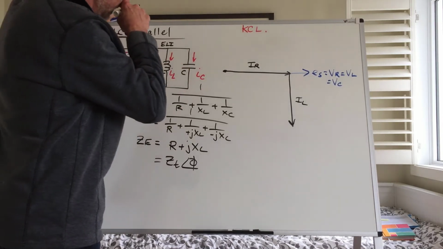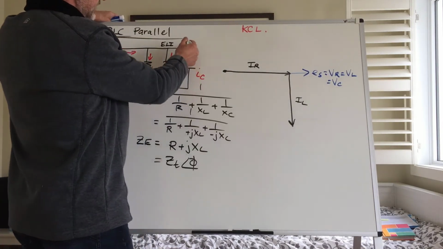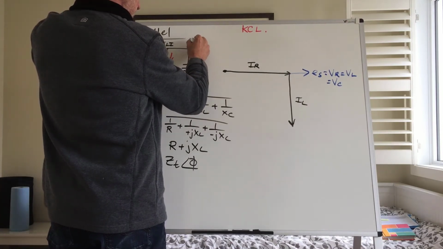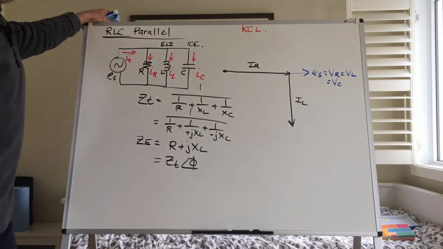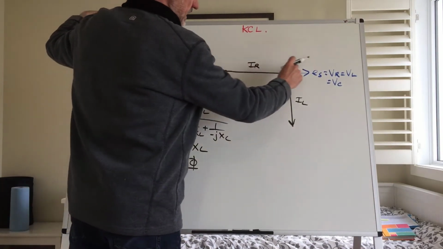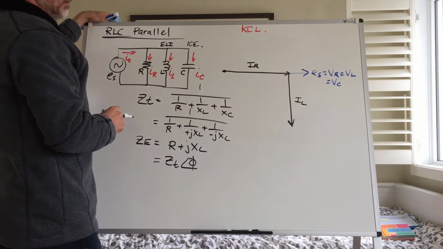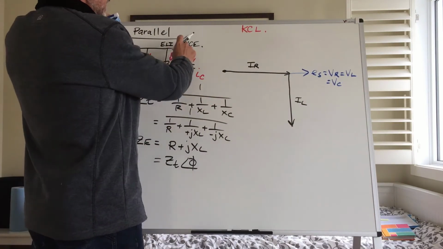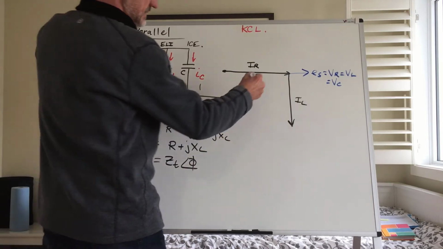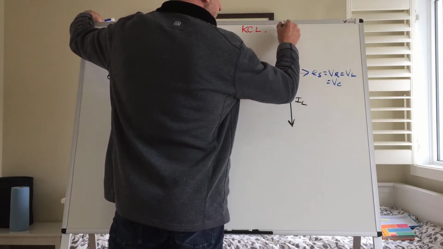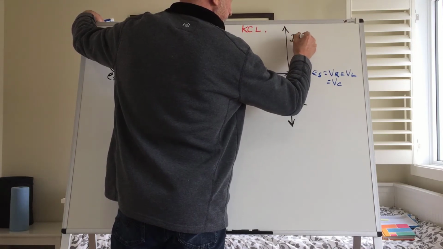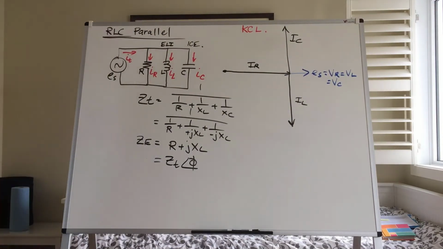So now we've got IL down here. I think you get the idea when it comes to the last branch, the capacitor branch. ICE is going to describe that relationship. Where do we find voltage? It's right here as our reference, as our applied voltage equaling VC. We know the current in the capacitor branch has to lead the voltage, and so we're going to have IC indicated here.